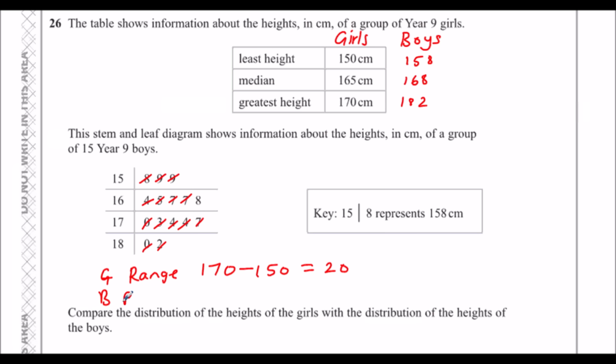And the boys' range, the biggest take away the smallest, 182 take away 158, which is, so from 158 we go up 20 to get to 178, and then 4 more, so 24.